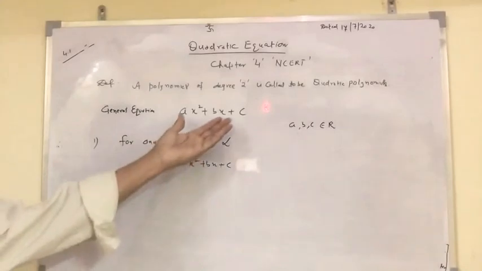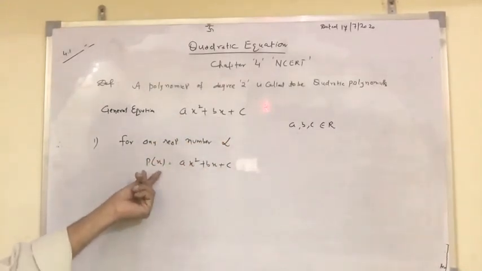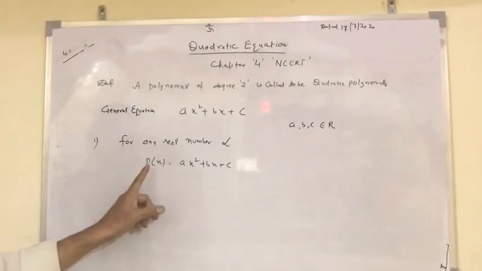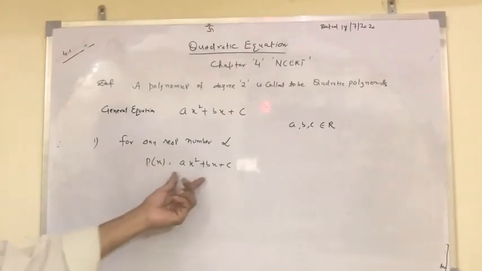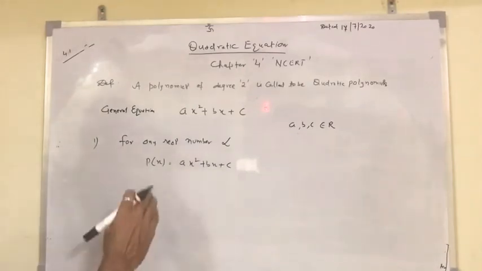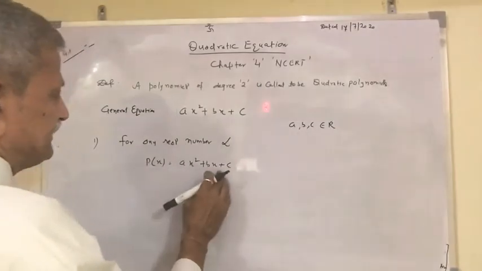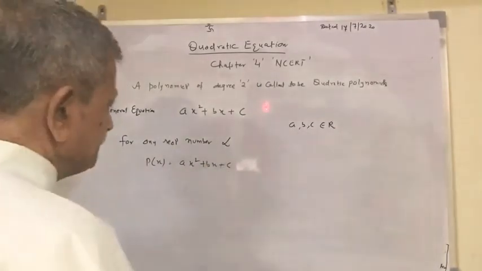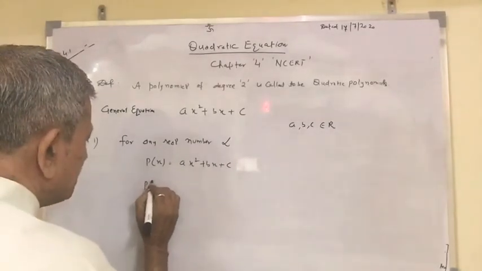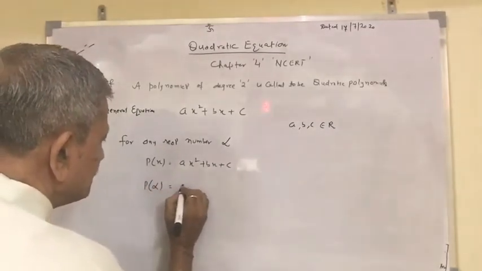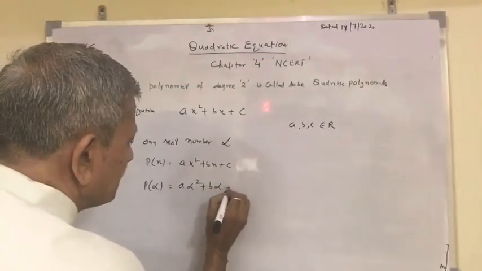Basically this general polynomial can be described with a symbol known as p(x). p(x) is a polynomial of second degree, ax² + bx + c, and for any real number alpha, its value will be given by p(alpha) = a(alpha)² + b(alpha) + c.